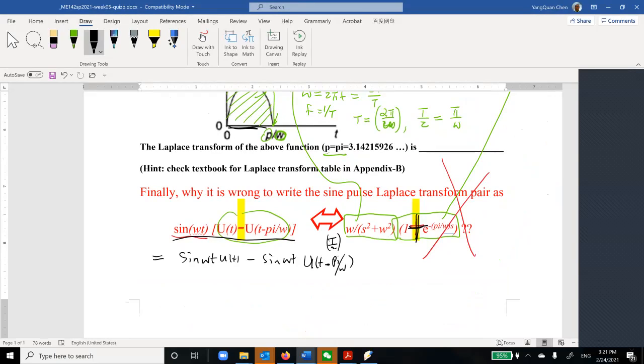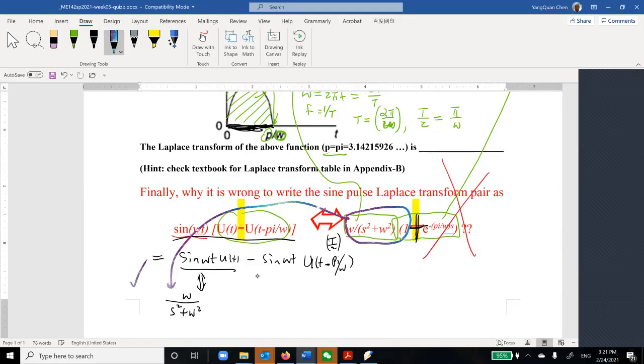We only have a half period in here, right? So yes, the Laplace transform of this guy is equivalent to omega over s squared plus omega squared, which is this term, which is correct.